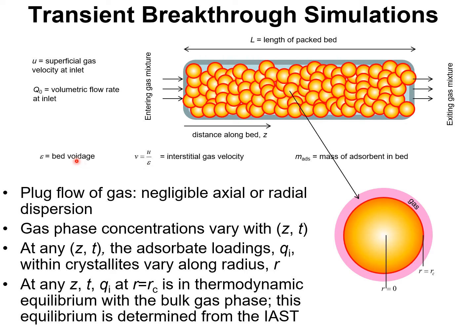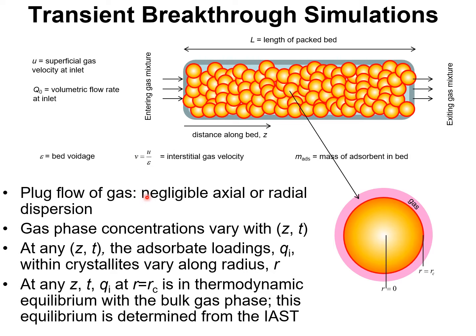The bed voidage is epsilon. The gaseous mixture enters at a superficial gas velocity of u. Q sub 0 is the volumetric flow rate at the inlet, say in units of liters per second. And the interstitial gas velocity inside the bed is the superficial gas velocity divided by the bed voidage, which is v.